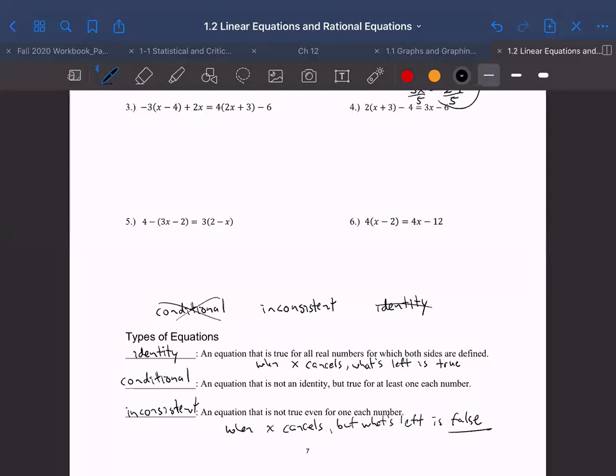All right, it's false. Up here is when it was true, and then conditional, you had at least one true, you found at least one solution that made it be true. It could have been 2 or 3 or 4 or whatever, but there's at least one that shows it to be true. Okay, so let me pause this again and take.